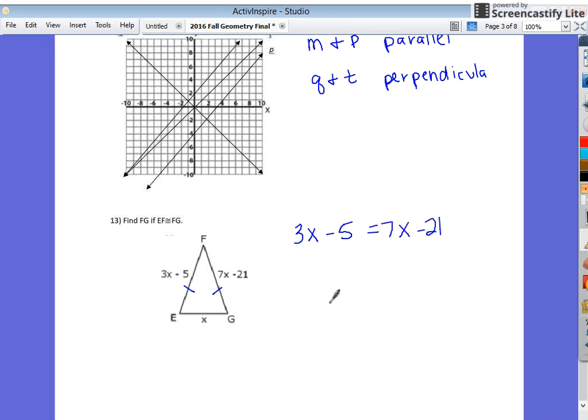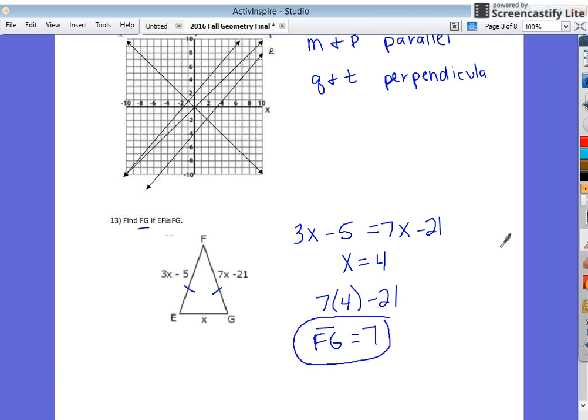Once we set equal, we can put that into the solver. That's probably the easiest way. And we find that x is equal to 4. We were asked to find FG, so we need to go back in then and plug it in for FG. So 7 times 4 minus 21, that's going to give us 7. So FG is equal to 7.